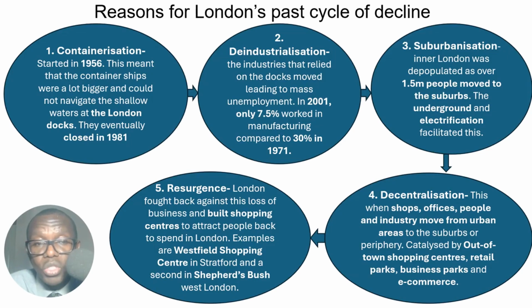Following the closure of those docks, de-industrialization took place. This is because the industries that relied on these docks could no longer get goods brought in through the River Thames or the London docks. Nor, after the manufacturing process, could goods be sent out to market because the docks had closed.